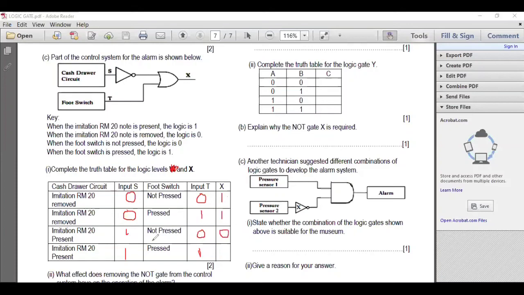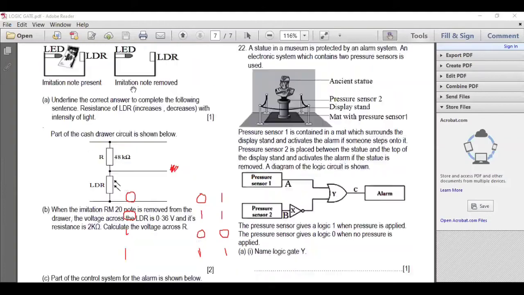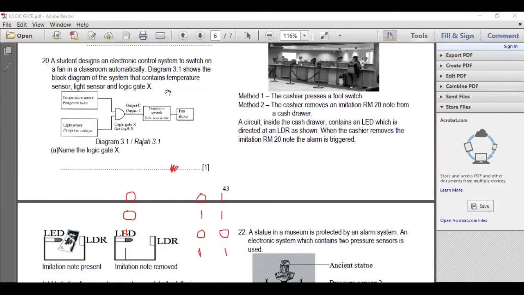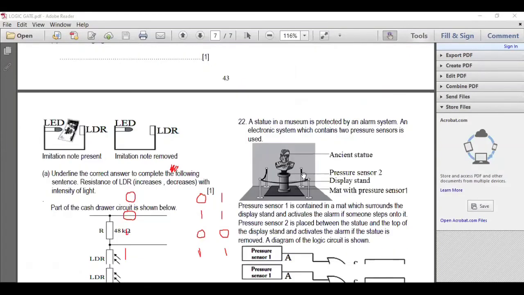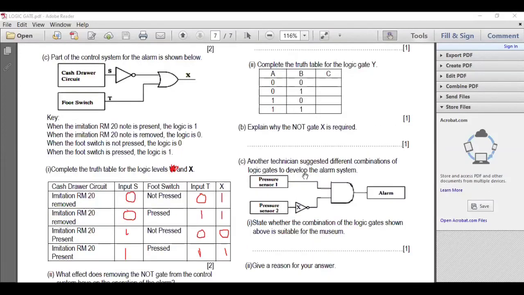The note is present, but we press the foot switch, so on. It's actually guided already, because they said the alarm can be triggered two ways. Either you press the foot switch or you remove the note. Or both also can.